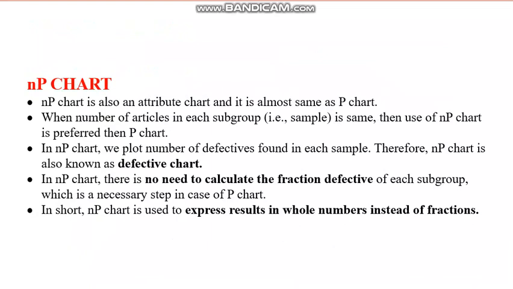So in NP chart there is no need to calculate fraction defective for each subgroup, which is a necessary step for P chart. In short, NP chart is used to express results in whole numbers instead of fractions. So P is using fractions, fraction defectives, whereas NP is using whole numbers.